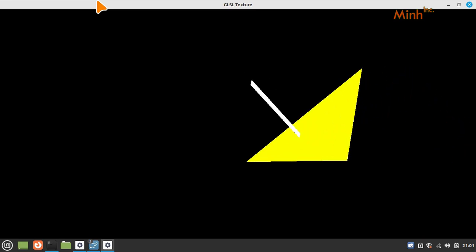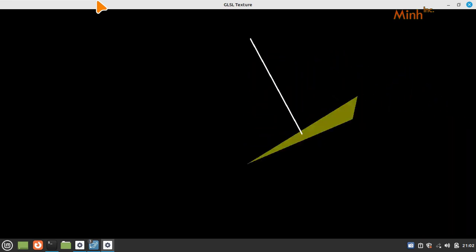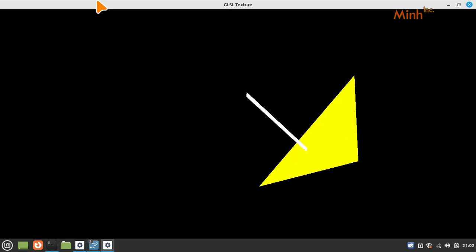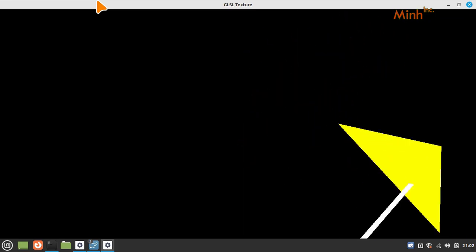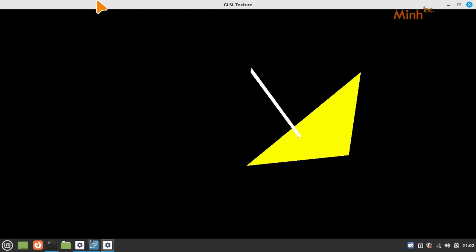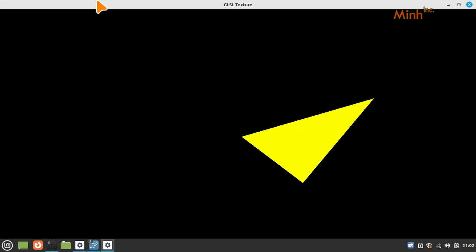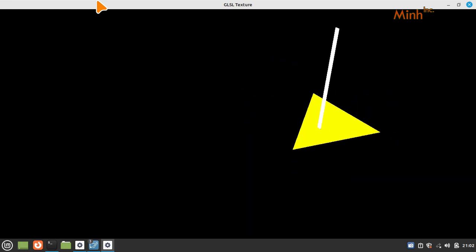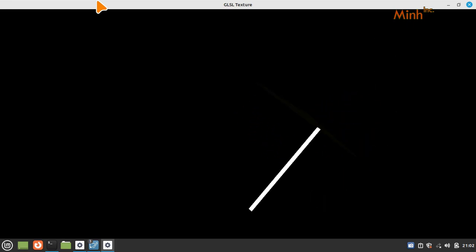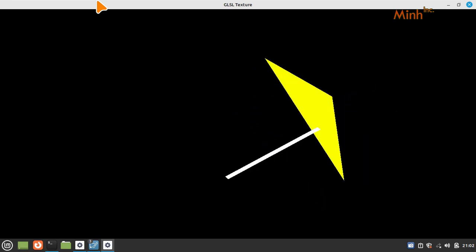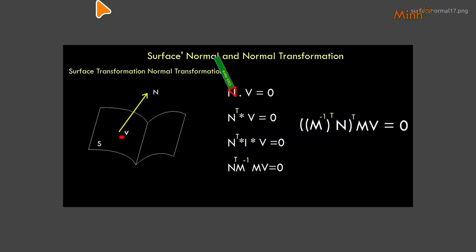This is local. So the story is how much the normal transforms when we transform the surface. If that is the question, then this is the solution. Now, moving more towards C, with more examples.